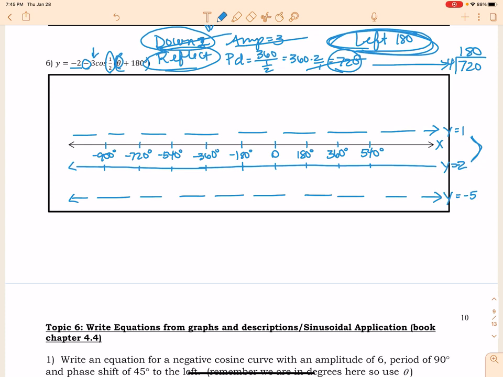So it's going to start right here, and it's going to go through here. Oh, dang it. I hate it when it does that. Ugh. There we go. Not my best drawing job, but it's cool. There we go. Not horrible. And then, of course, my y-axis goes right there. Easy peasy lemon squeezy.